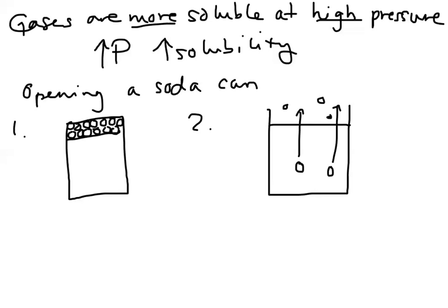So the bends is when you have gas bubbles in your blood, and it can kill you, and it is very, very painful. It's called the bends because people bend over in pain from that. And then you have to go into a depressurization chamber. And so always equalize your pressure on the way up when you're scuba diving, because you don't want bubbles of gas in your blood.